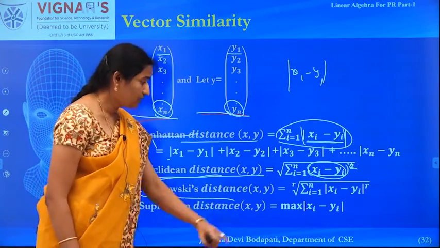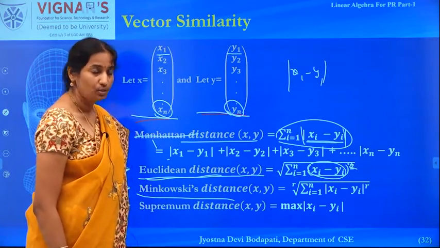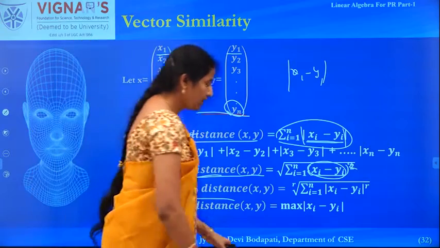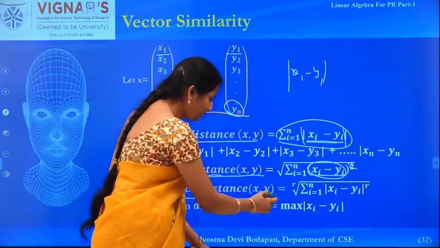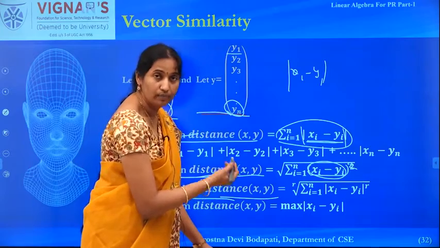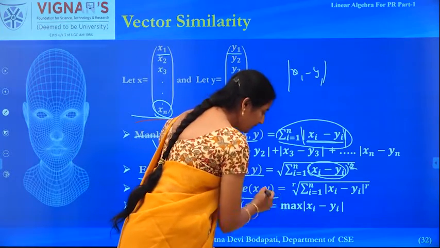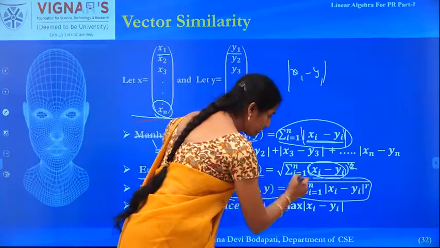Now let us see what the Minkowski distance is. In the case of the Minkowski distance, here your R value is actually a general form for your norm representation. So this is the general form for your distance relationship.